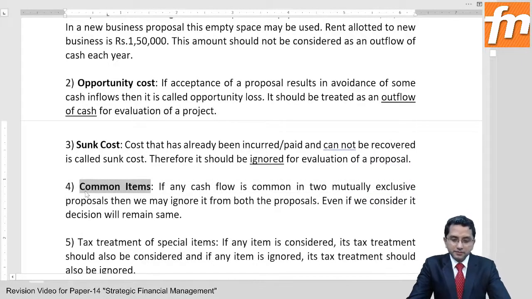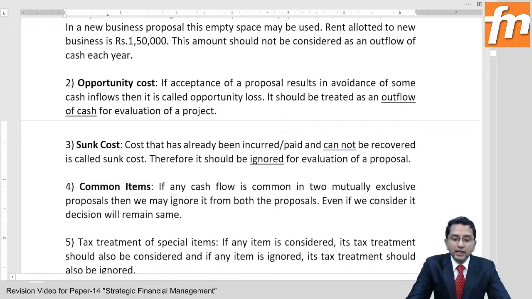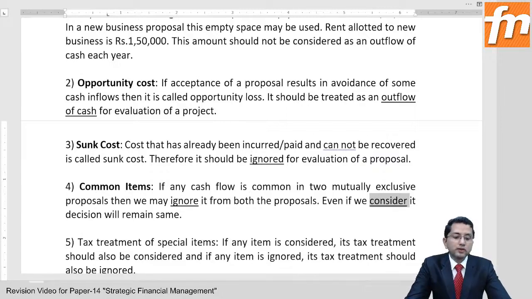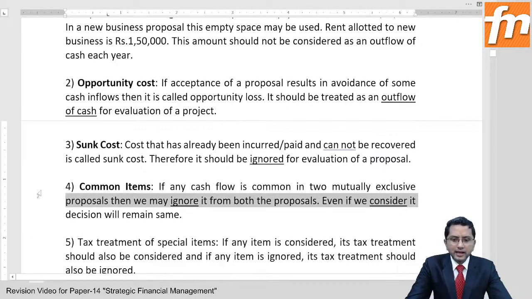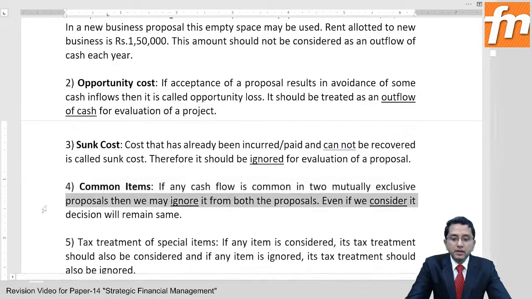Then common items. There are two mutually exclusive proposals, suppose machine A versus machine B. Whichever machine you choose, it will be installed in a factory building, and the factory rent is 1 lakh rupees per month. So there are two choices. Either you can ignore it from both mutually exclusive proposals, or you can consider it in both. See, it's an actual outflow of cash, so it should be considered and deducted. But what happens if you ignore it from both proposals?